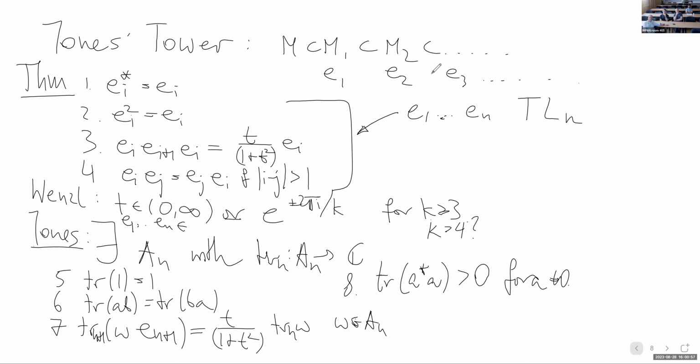So what is the purpose of this Jones tower? For a given pair, it produces an infinite sequence of algebras. When you close it, then you have another algebra.